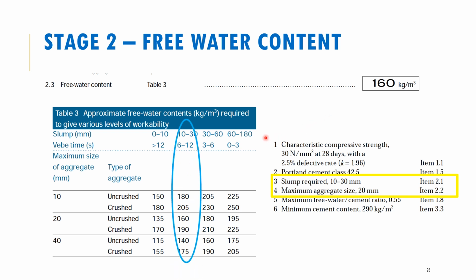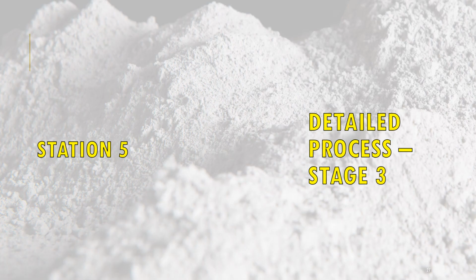So again, starting off with the slump, that's this column, 10 to 30, and it's 20 maximum size. It's uncrushed as specified initially in the example given, and hence this is the value that you would get. So the value that's basically that overlaps both of these ovals. Okay, so that was stage 2.